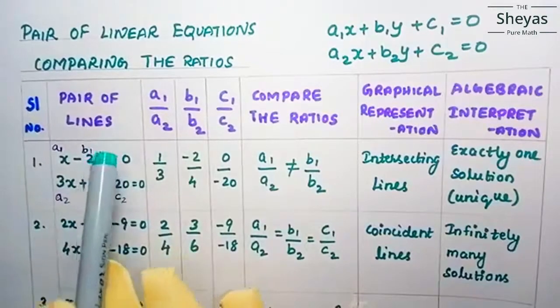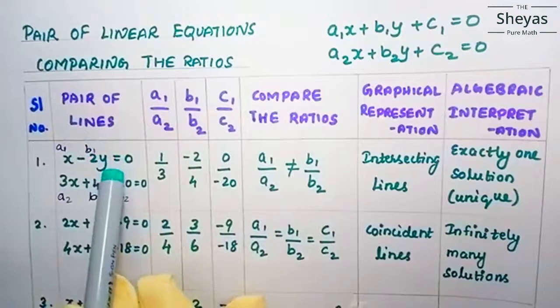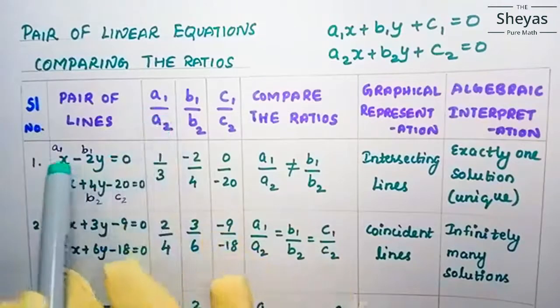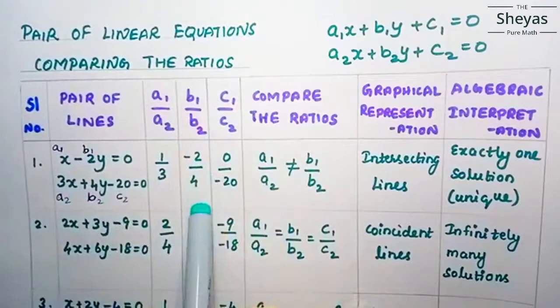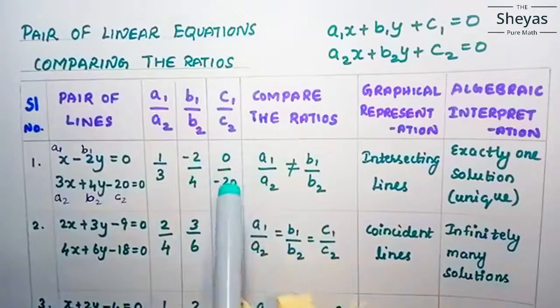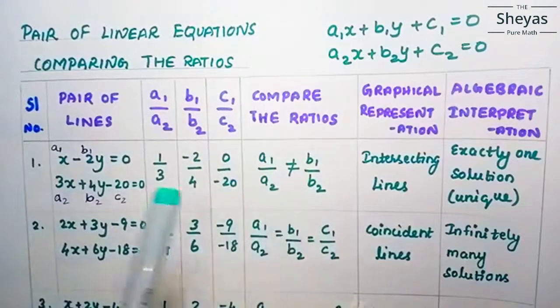We don't have c1 term, c1 is 0. Okay, so a1 by a2, 1 by 3 and b1 by b2, minus 2 by 4 and c1 by c2, 0 by minus 20. c1 is 0 here.